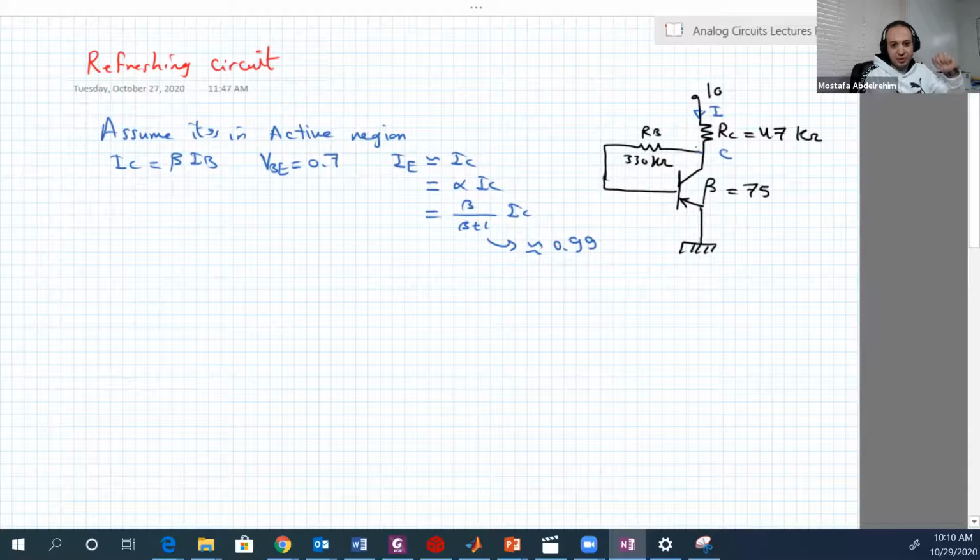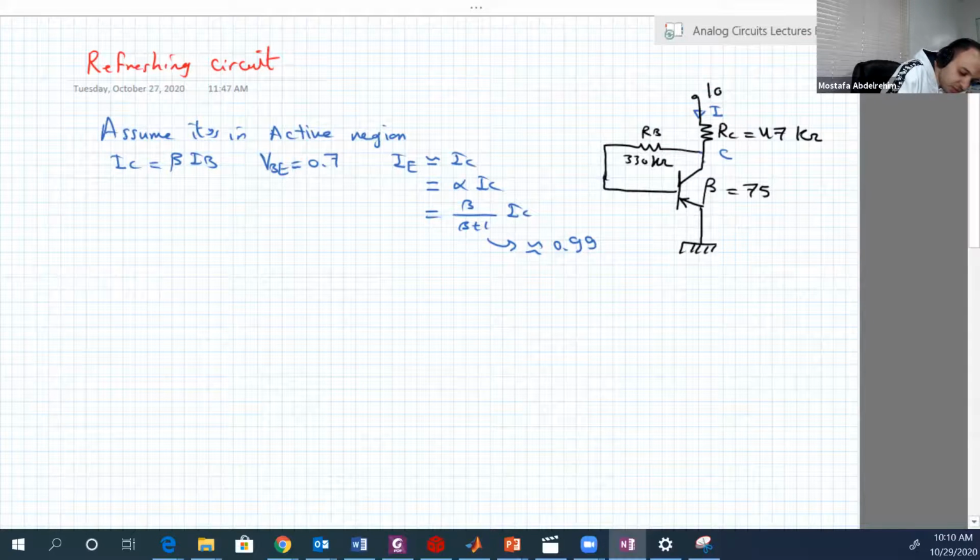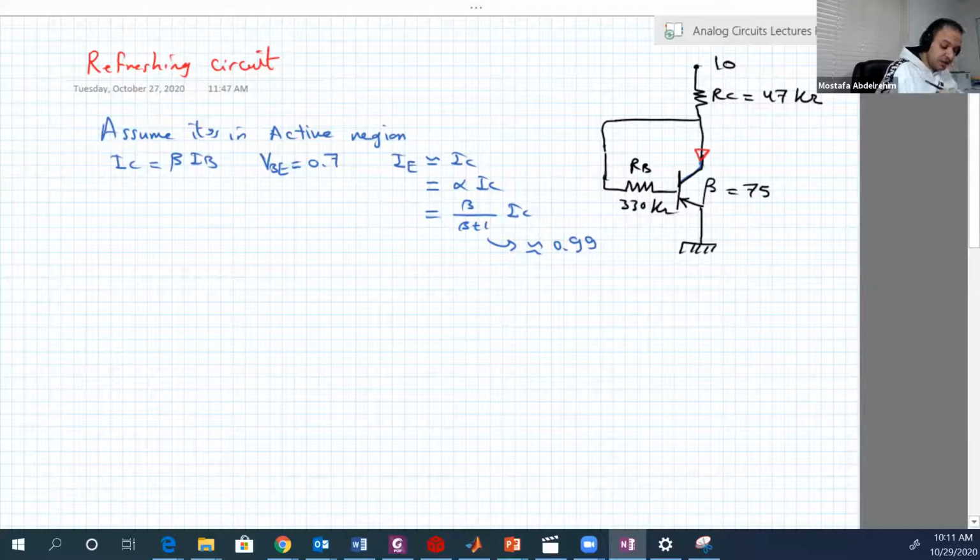In that case, no. The real definition of IC is the current that goes into the collector. And here is the collector of the transistor. So this is actually IC here. This current here is different from IC.